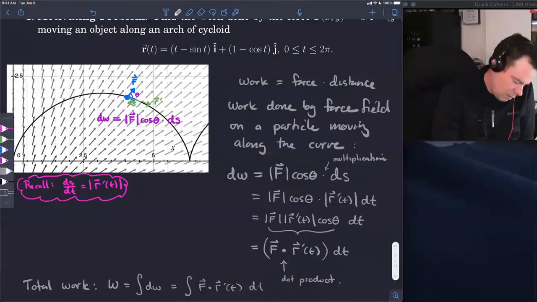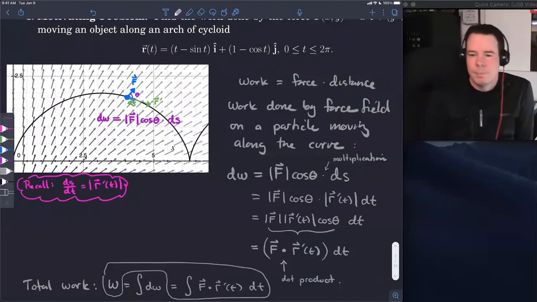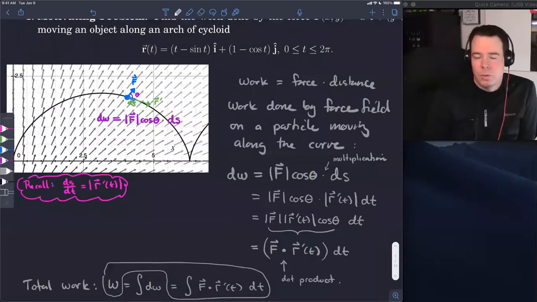And so this tells us that the work done by the force field on a particle that's moving along this arch of the cycloid is given by the integral of the force field dot the tangent vector, integrated with respect to the parameter t.